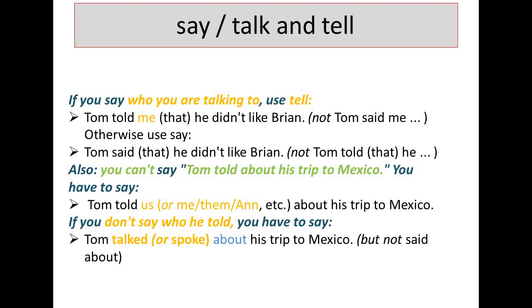At that time we use said, but tell is tell plus someone else. Here said plus that person is the same person. Tom said he, so he refers to Tom. In this case we use said, but with tell, me doesn't refer to Tom, it refers to another person.